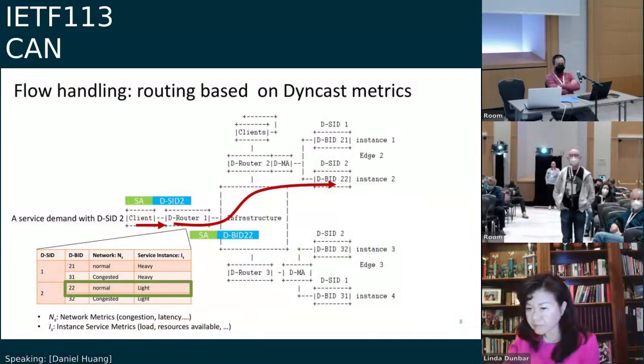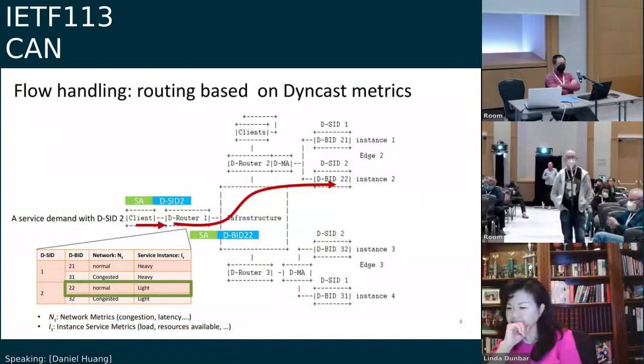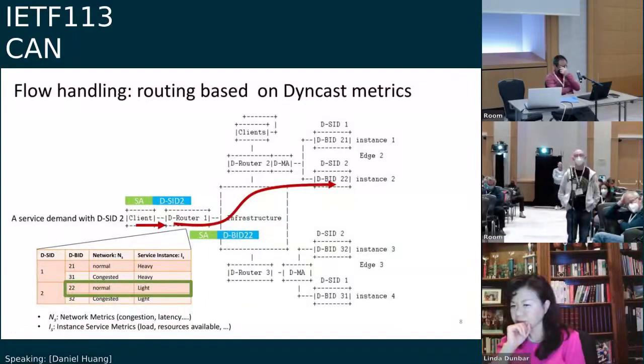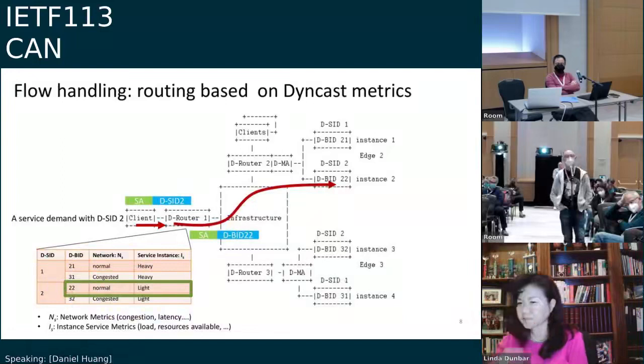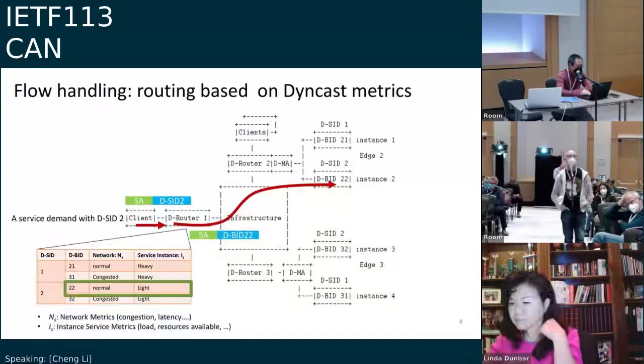So when the time span is about milliseconds, the metrics have to be updated at such a high frequency to the remote derouter, or whatever, where the forwarding decision has to be made. And actually, I don't think it is possible for the router to make this decision because it's too fast. That's my comments and questions for this. Thank you.